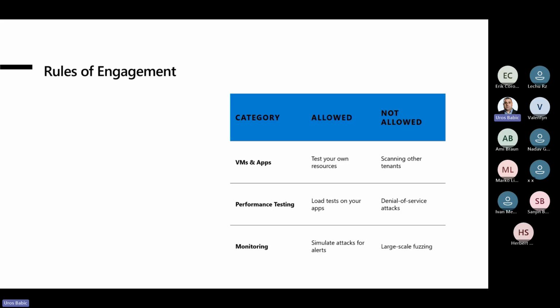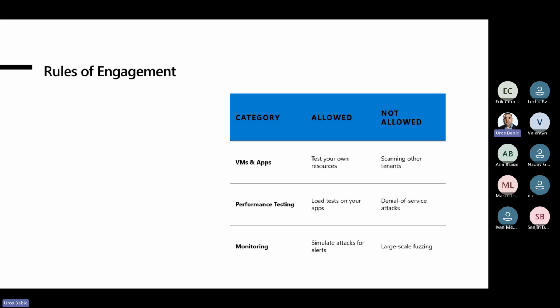What about communication, in order to establish a point of contact and escalation procedure for critical findings or incidents? From the point of view of legal and compliance, ensure you have written authorization from the system owner and, of course, align with the Microsoft penetration testing rules of engagement and security requirements. Authorized activity: a list of allowed techniques, vulnerability scanning, exploitation with limits. DoS attacks, phishing, and accessing real data are what is actually prohibited.